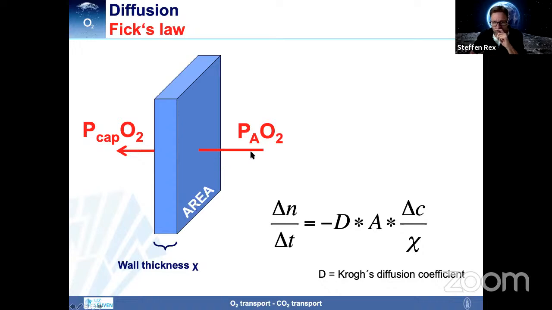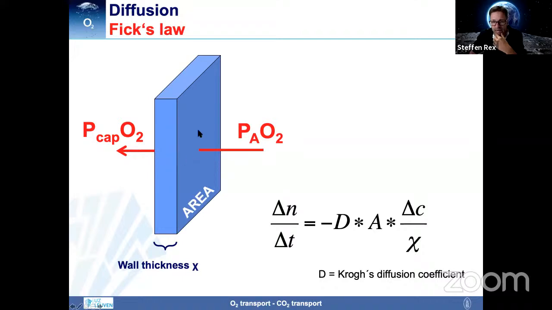For sure, you have more diffusion if you have a high diffusion gradient or pressure gradient between the alveolar partial pressure of oxygen and the capillary partial pressure of oxygen. That's very obvious.